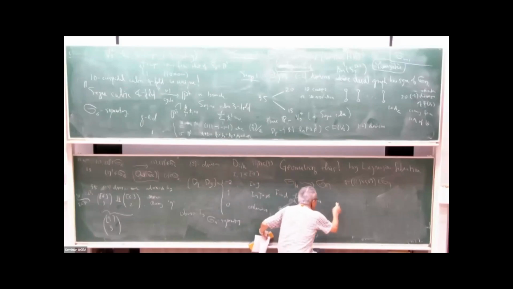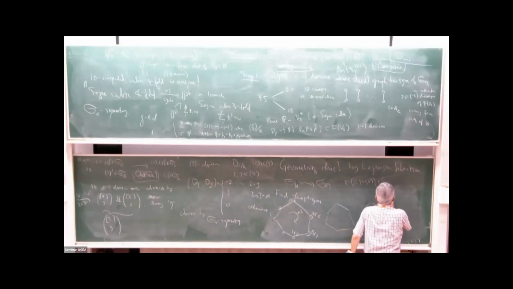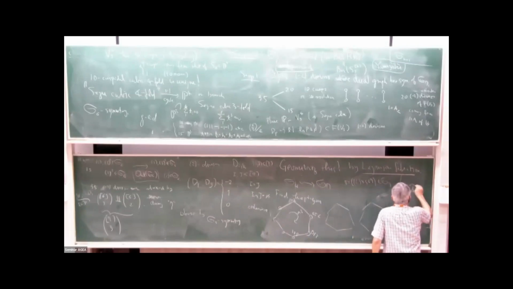And this heptagon has this one and this one. And so you get a Lagrangian fibration with A6 tilde 3 fibration.